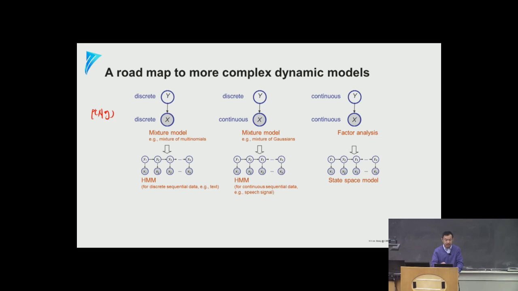You basically just tie together all the mixture models into a time sequence and let the label evolve over time, and that's a hidden Markov model, right? We learned hidden Markov models not only here, but also from 701 and other machine learning classes. So I intentionally skipped the derivation of its inference algorithm. I used that as a running case in many cases to talk about message passing and variable elimination, but I didn't talk specifically about the inference algorithms in HMM.